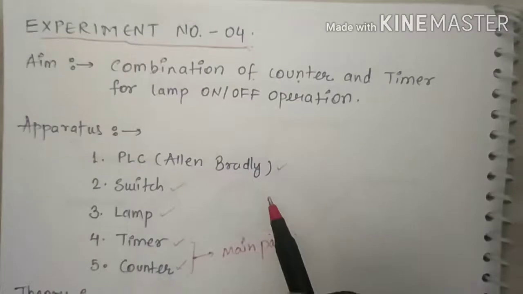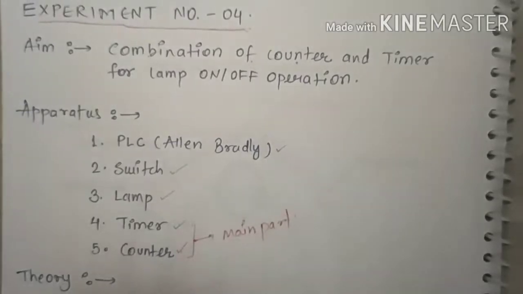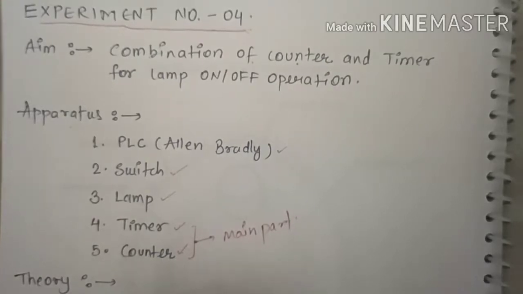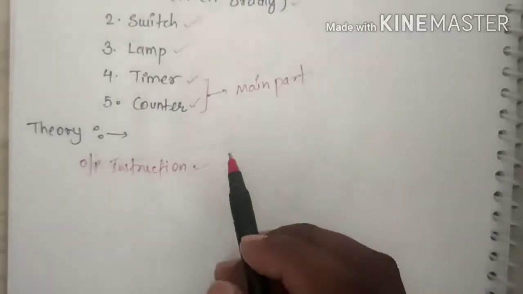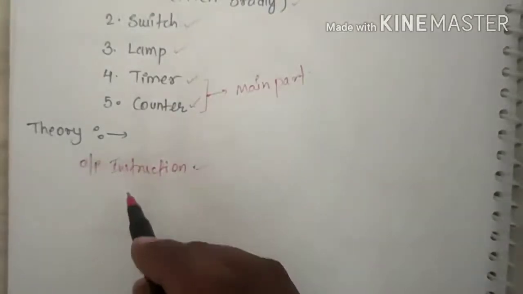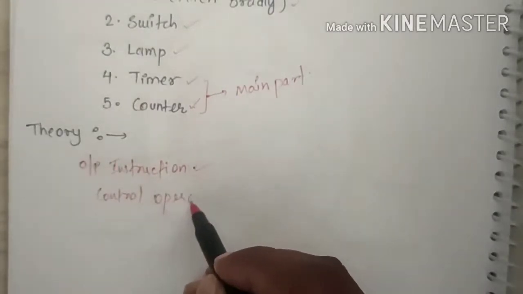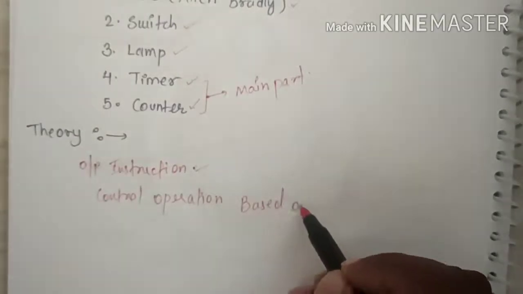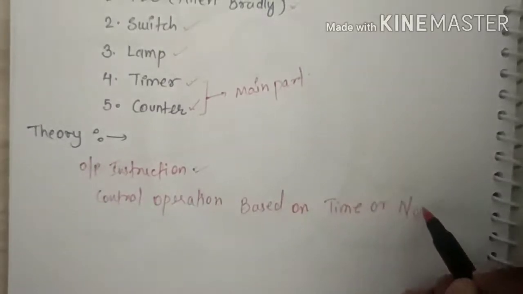Now in the theory part, timers and counters are output instructions. Both are output instructions that let you control operation based on time or number of events.